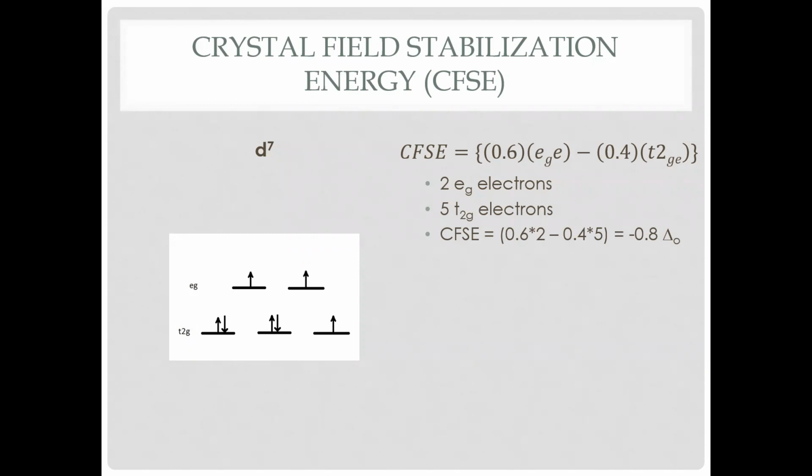All right, so we end up with negative 0.8 delta O.